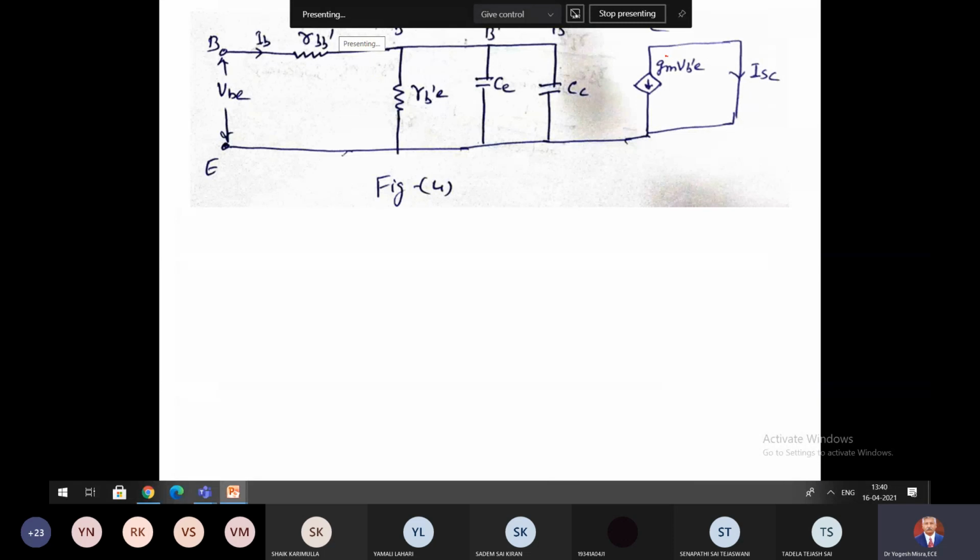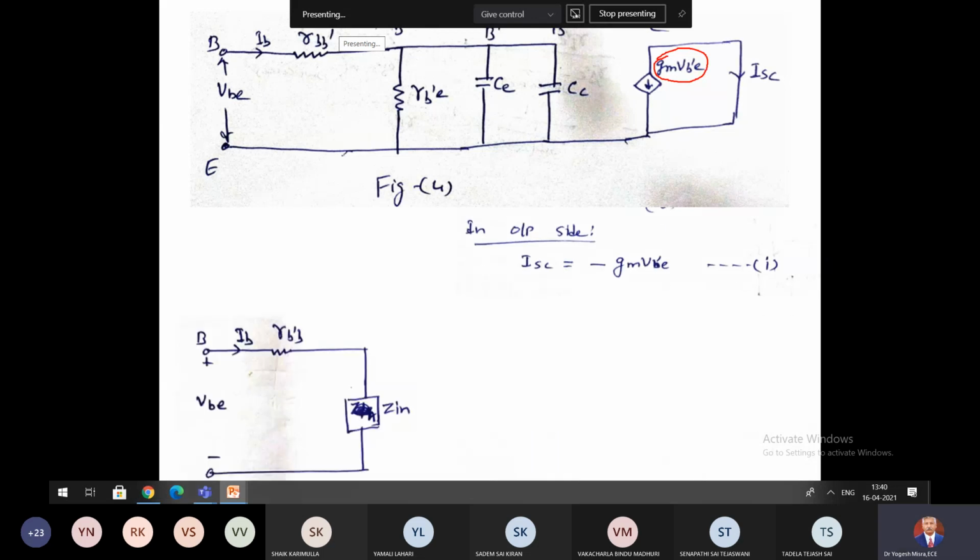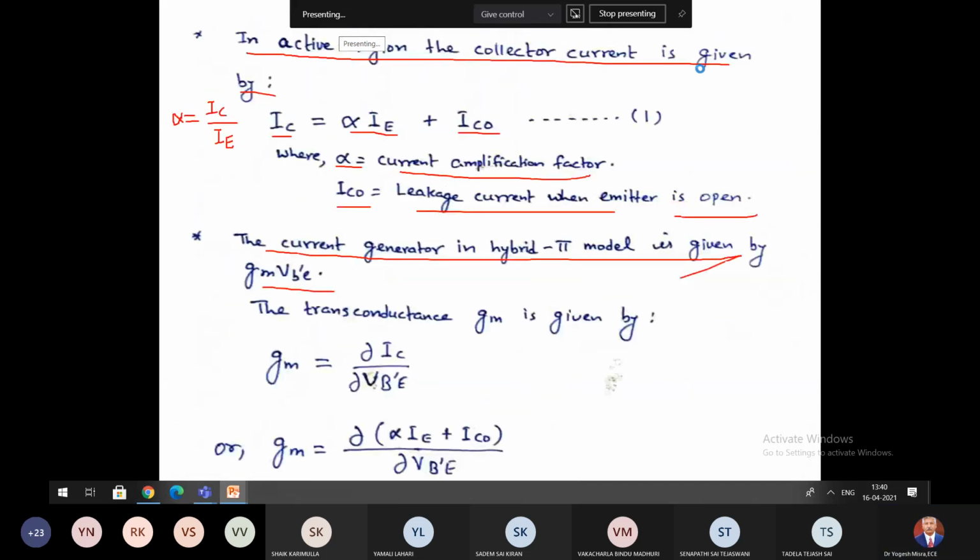So this is represented by GM, which is transistor conductance multiplied by VB dash E. The transconductance GM is given by, so conductance is current by voltage.